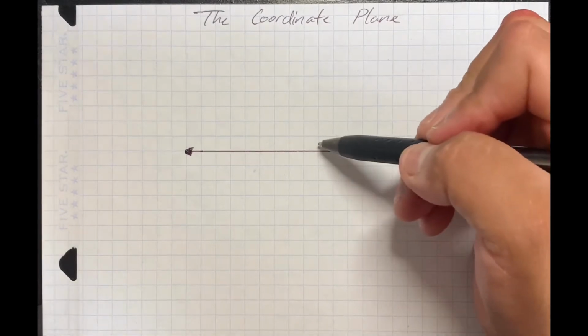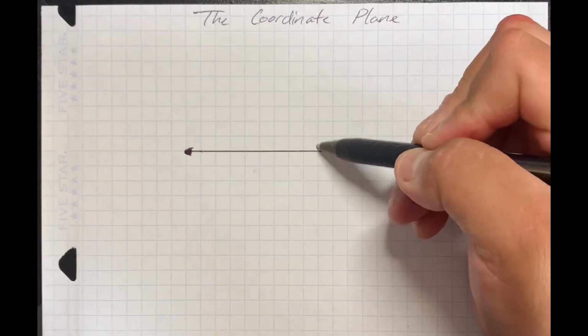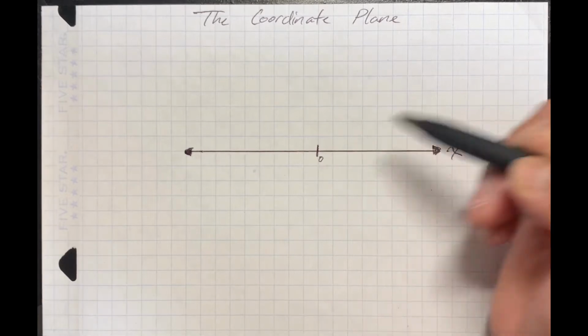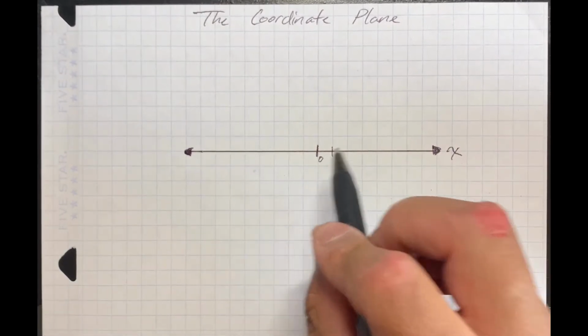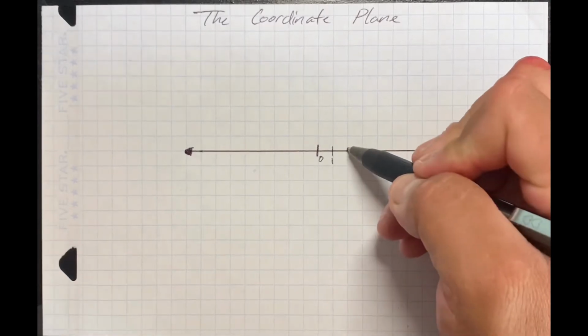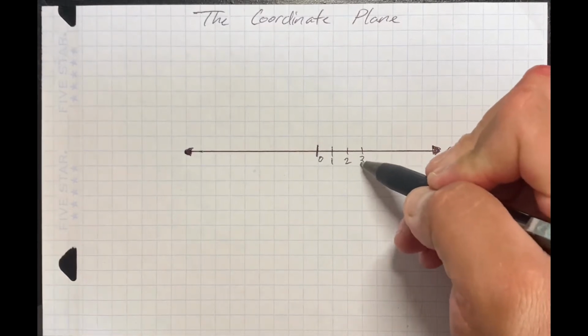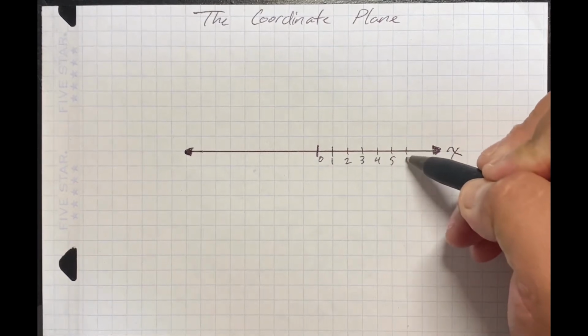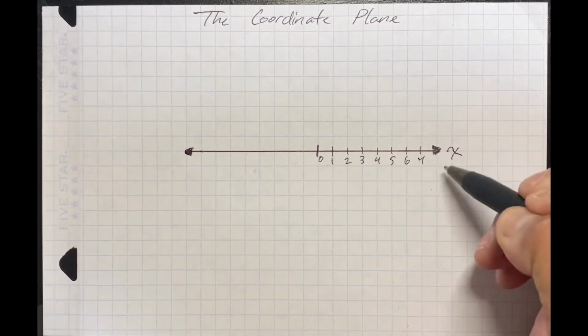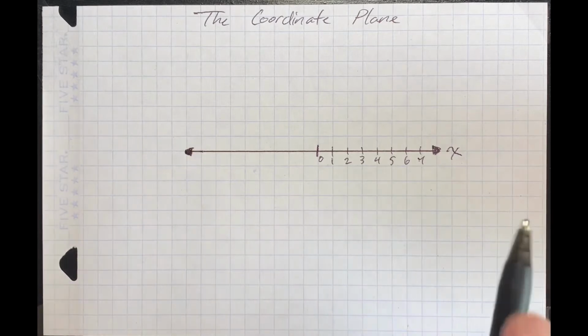Here would be 0, the origin. And then you have positive integers on the right side. So this is positive 1, positive 2, positive 3, positive 4, positive 5, positive 6, positive 7, and so on and so forth to positive infinity.